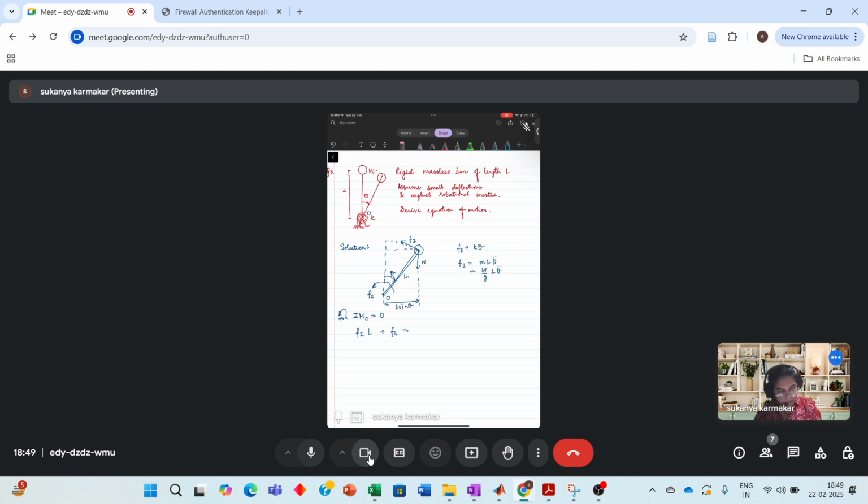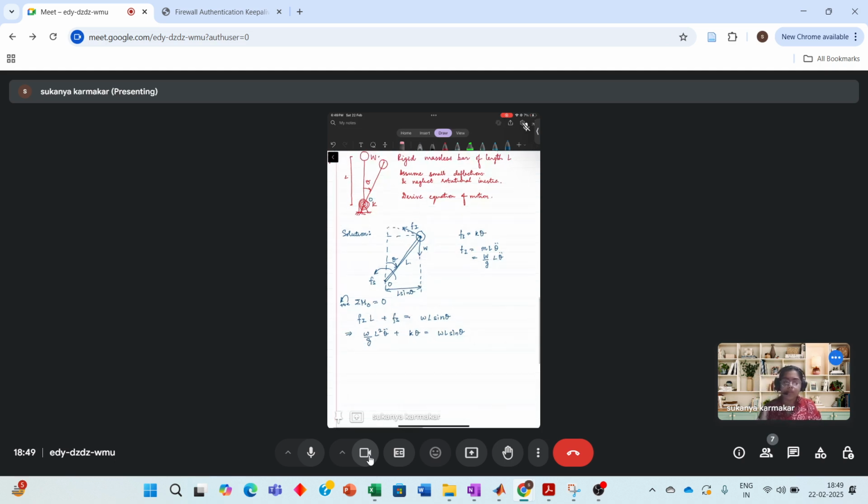I want to write it in the form of WL sine theta. Then you can just substitute these terms and get the equation. For the sake of completion, let's do it. W by g L square theta double dot plus k into theta plus WL sine theta.